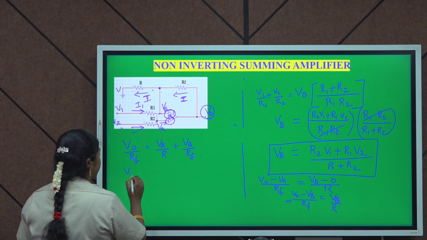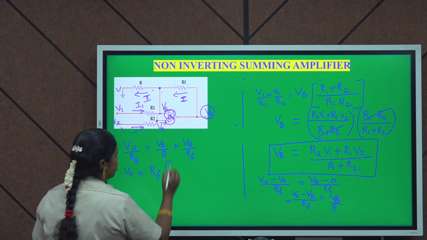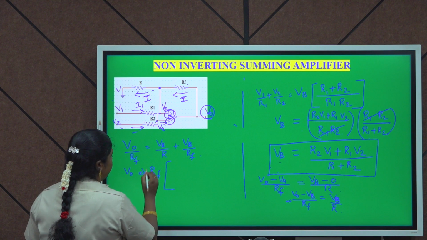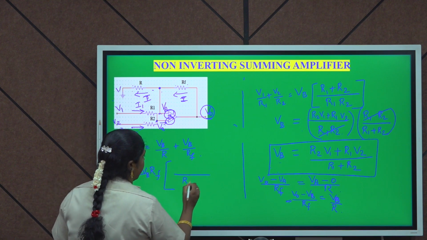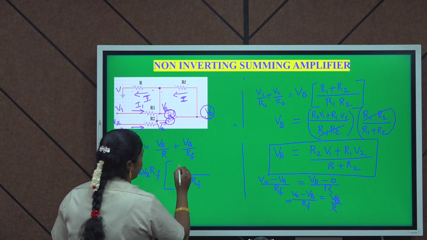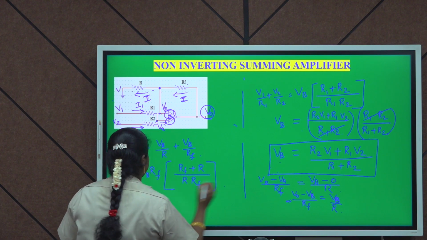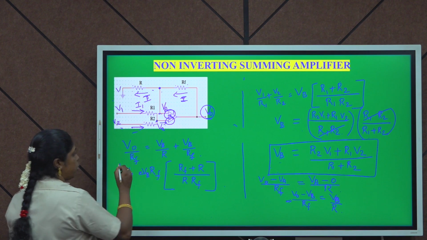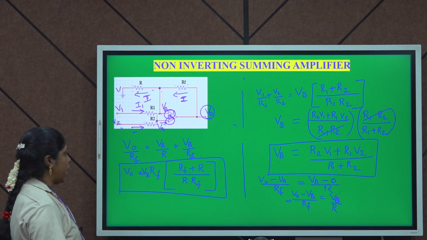So V naught is equal to RF into, taking VB as common and taking LCM, RF plus R divided by R into RF. So this is the output voltage of the non-inverting summing amplifier.